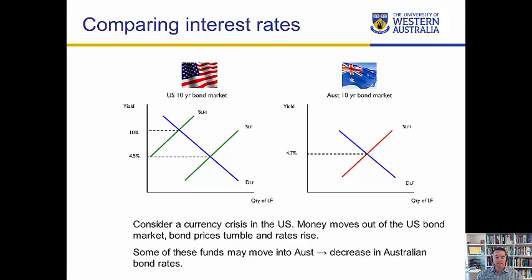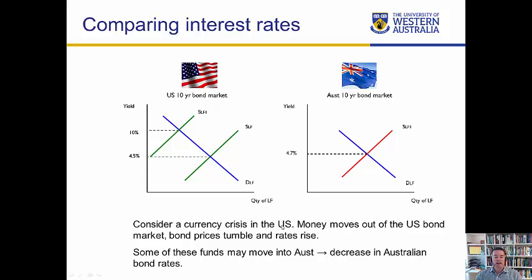Of course, there's always exceptions to rules. While we see long-term bond interest rates or yields moving very closely over time, for the majority of the time, there are exceptions. And so what I've got here is the case of the United States 10-year bond market, and all of a sudden there is perhaps a currency crisis in the United States.